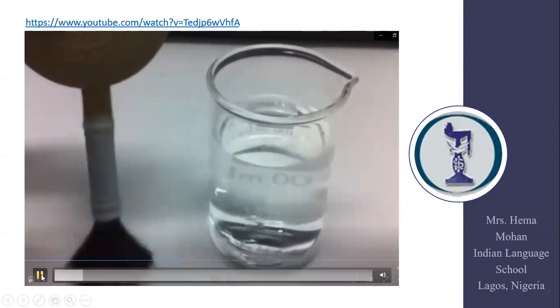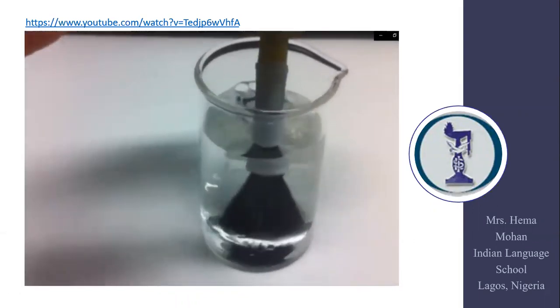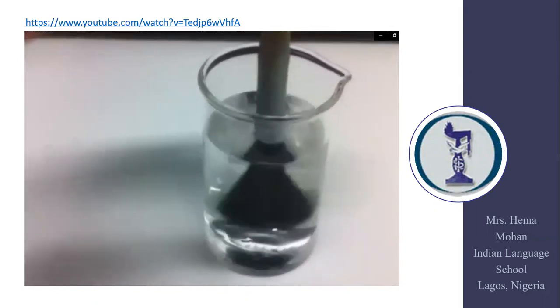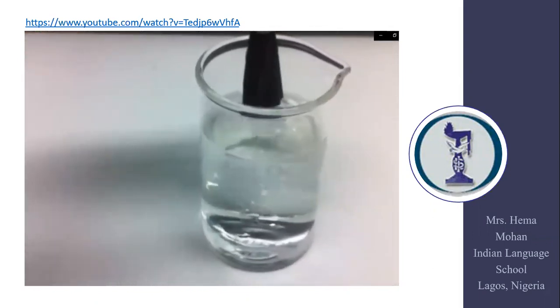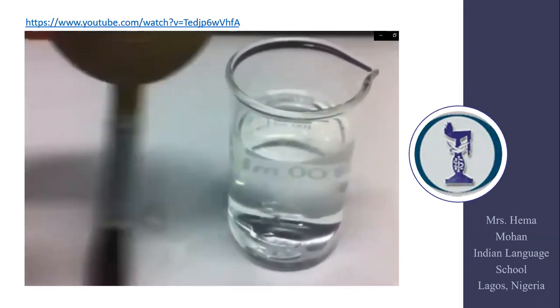You can see this paintbrush, dry paintbrush, the bristles which are all spread out, and when it is inside the liquid, you can see that the bristles spread apart. But see what happens when it comes out. All the bristles cling to each other.